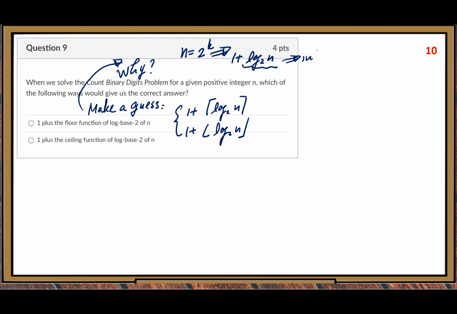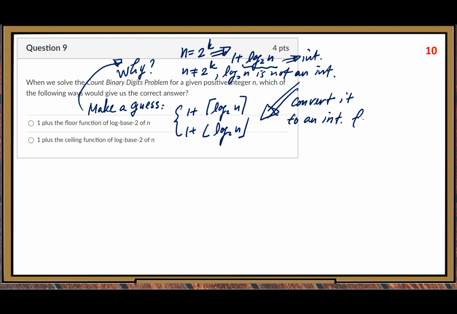But when n is not a power of 2, then log base 2 of n is not an integer, so we need to convert it to an integer function. Here are two ways to convert a non-integer function to an integer function.